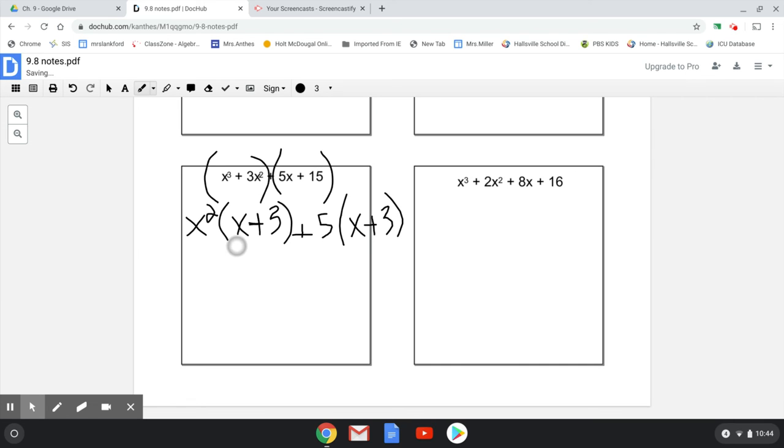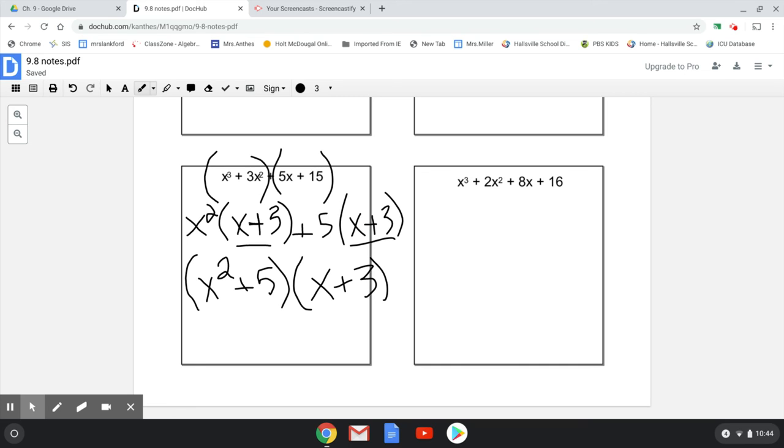Remember, we're trying to get the same thing left in our parentheses. Those are called binomials, and we're trying to get them to be the same. So then I would have a set of parentheses with what's on the outside, x squared plus 5, and a set of parentheses with what we took out that was the same. So you end up with x squared plus 5 times x plus 3.